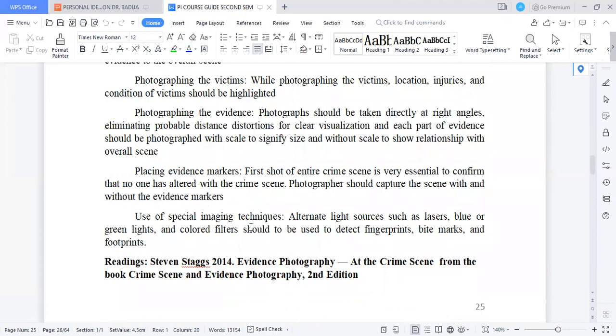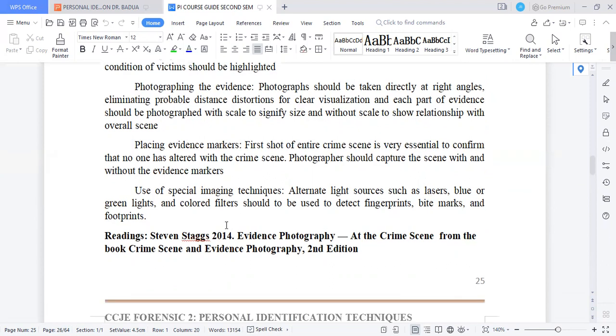In some instances, where there are concerns as to the clarity of the photograph, you can also use what we call special imaging techniques, such as lasers, blue or green lights, and colored filters. So it is very important that you are knowledgeable and skilled when it comes to the application of these special imaging techniques.